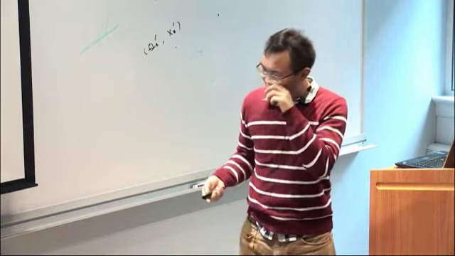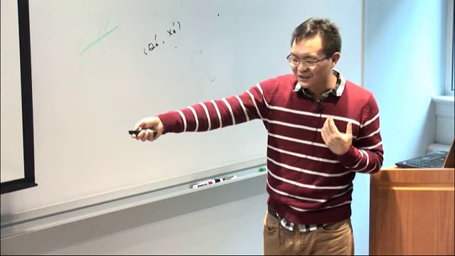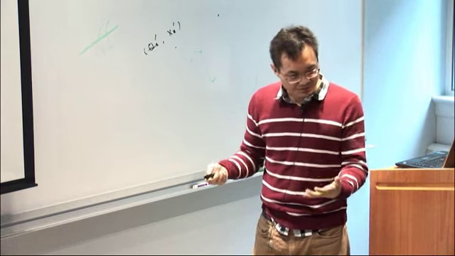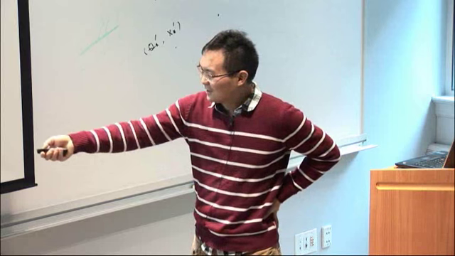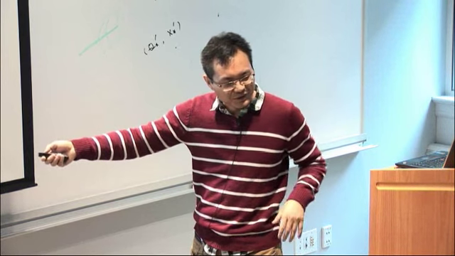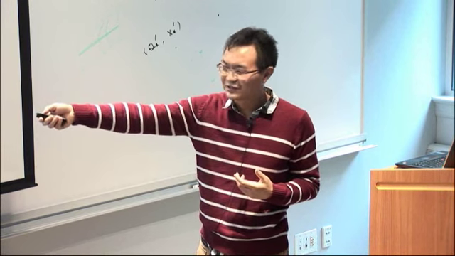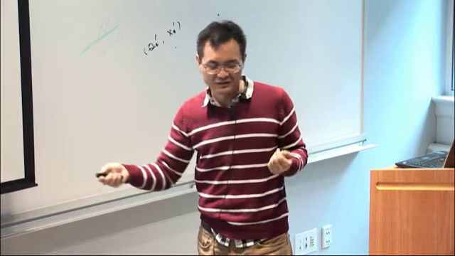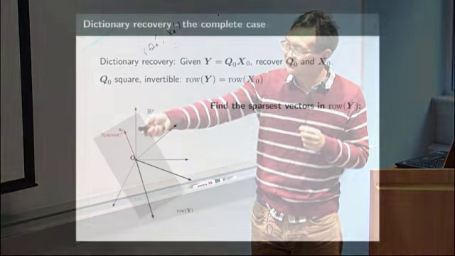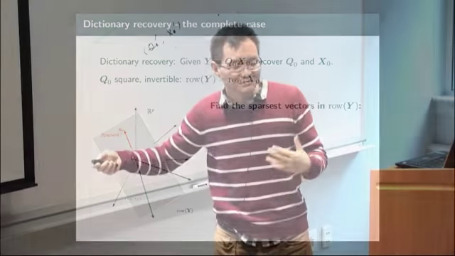But the point is only that we are given a subspace, and we want to find the sparse vectors in the subspace. If you can find all the sparse vectors in this row space, you basically recover X0, and then you can recover Q0 by solving a linear equation. So we reduce this problem to the problem of finding sparse vectors in a subspace. This subspace is given.